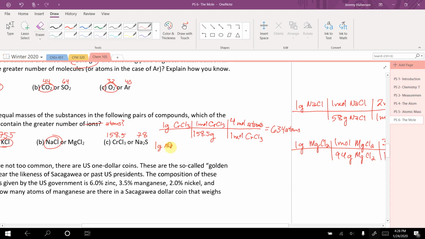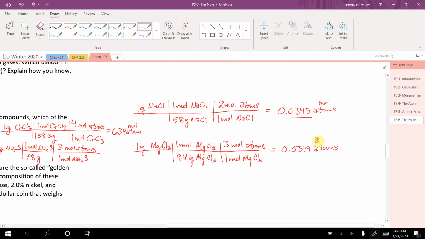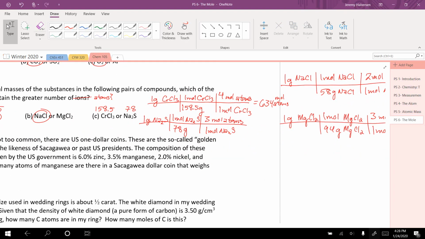If I had 1 gram of Na2S, 1 mole of Na2S is equal to 78 grams, and 1 mole of Na2S has 3 moles of atoms. So this should really say moles of atoms. If I wanted to find the actual number of atoms, I would have to multiply that by Avogadro's number, but I don't need to do that in order to compare them, so I'm not going to.